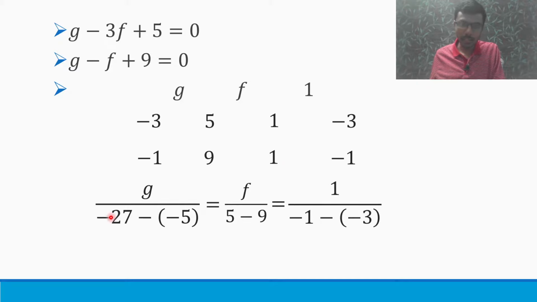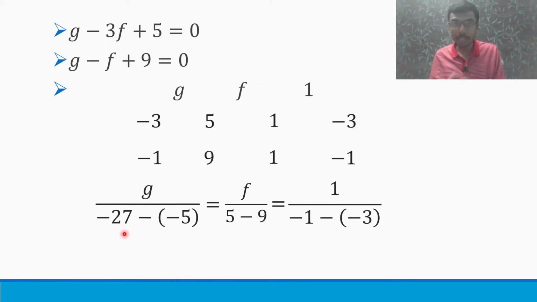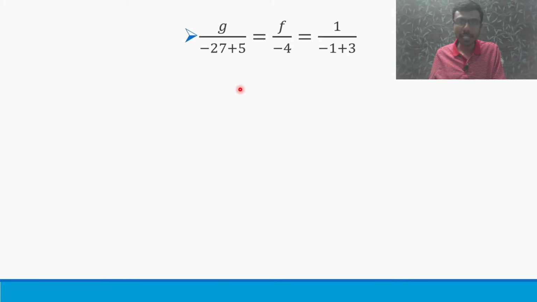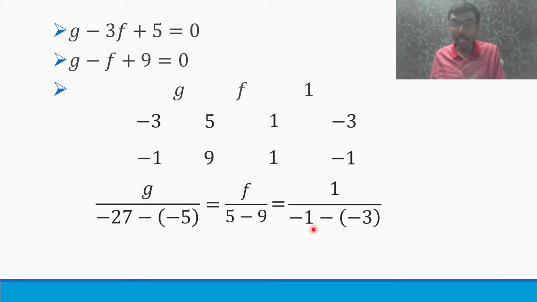Now if you simplify this, I'd get g by -27, minus into minus is plus, so g by -27 plus 5 is equal to f by -4. 5 minus 9 is -4, and here also -1 plus 3, minus into minus is plus.